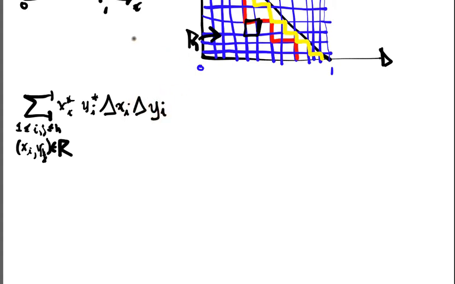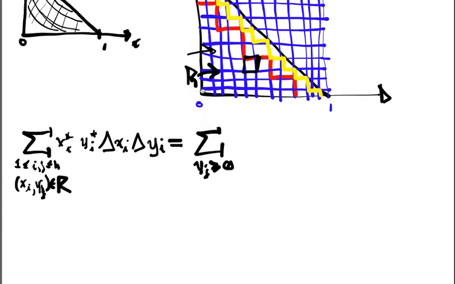But what if I sum over slices? How does this change? Well, if I sum over slices, I'm still going to sum over all my yj's, right? So I'm going to sum over every single yj in my partition. So this is going to be yj greater than or equal to 0, right?